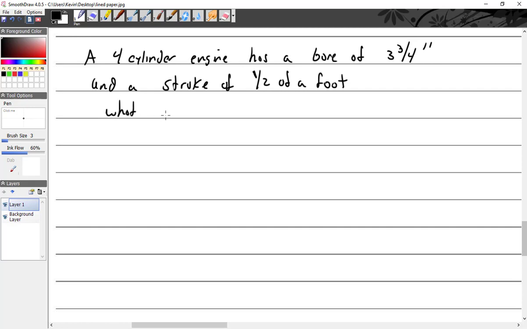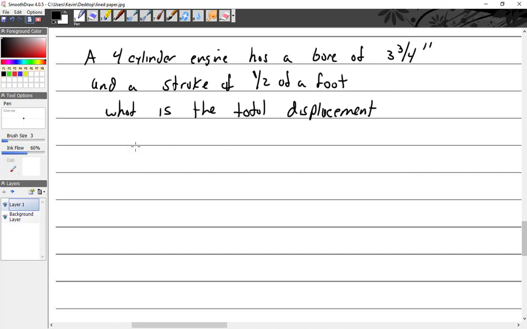Not oversized. Oh, well, we could bore it over now. What is the total displacement? Well, since I made it easier, we don't have to worry about this oversize this time.